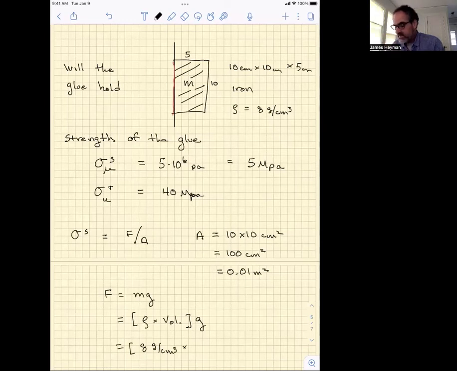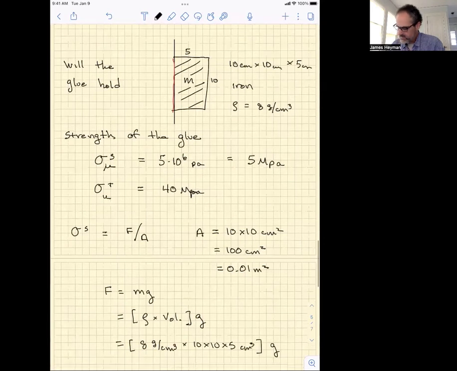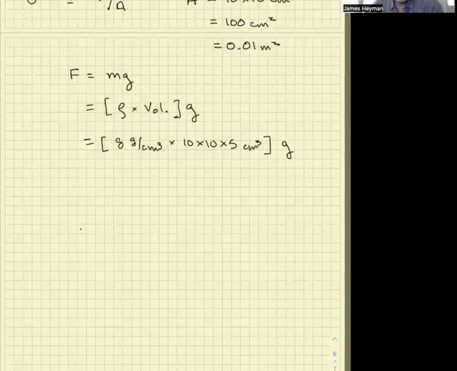And the volume is the length times the width times the height, or 500 cubic centimeters. Okay, to continue, now we have 4,000 grams times g. All right? And we want to get from this the force in newtons.